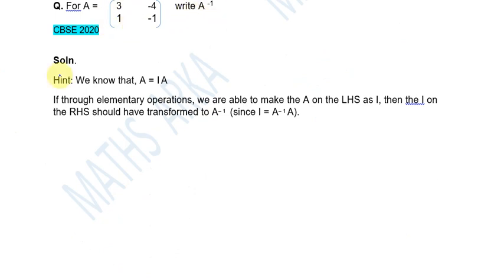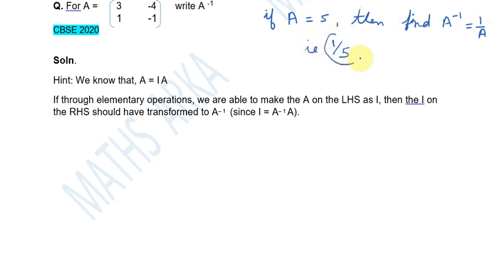If we just think of it in integer terms, if A is equal to 5, then to find A inverse, that means 1 by A, and that is what would be the case. 1 by 5 would have been the inverse.